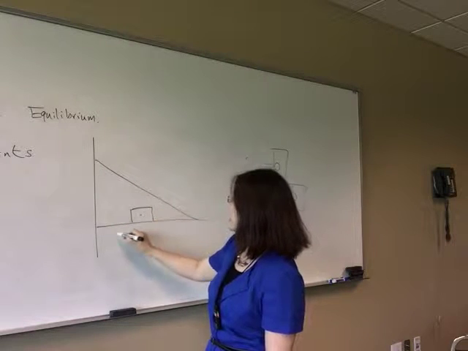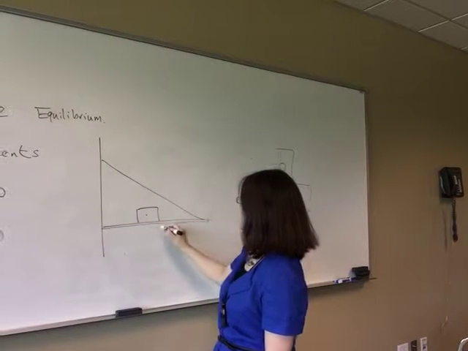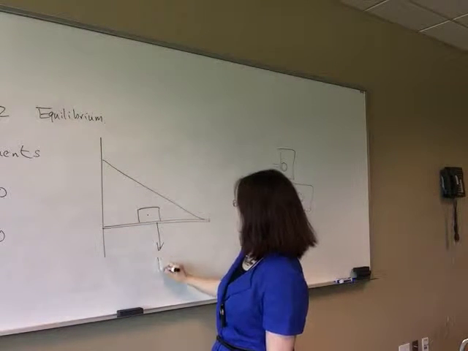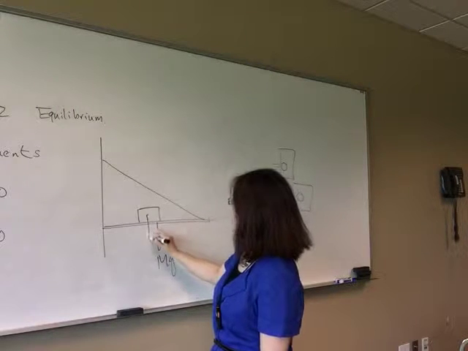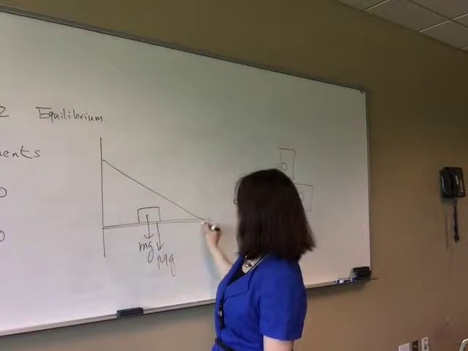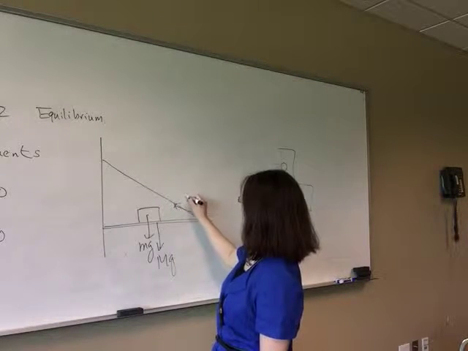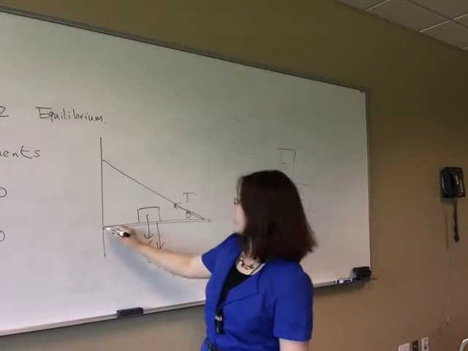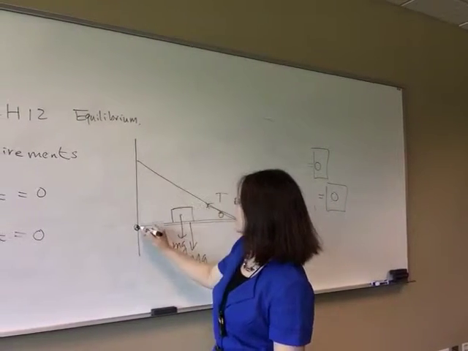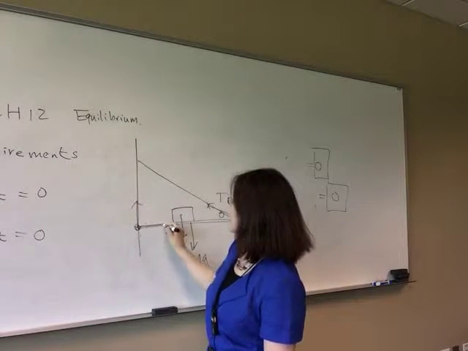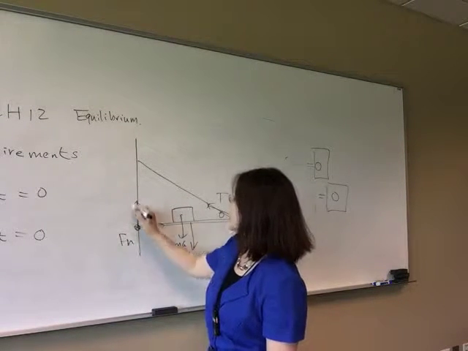Let's say this beam has its own weight, that's Mg, and this block has its own weight, little mg, and there's a tension. So you have to draw the tension, and this is your theta, and this is the hinge. The hinge will provide an upward force and a rightward force. So that's F_H and F_V.